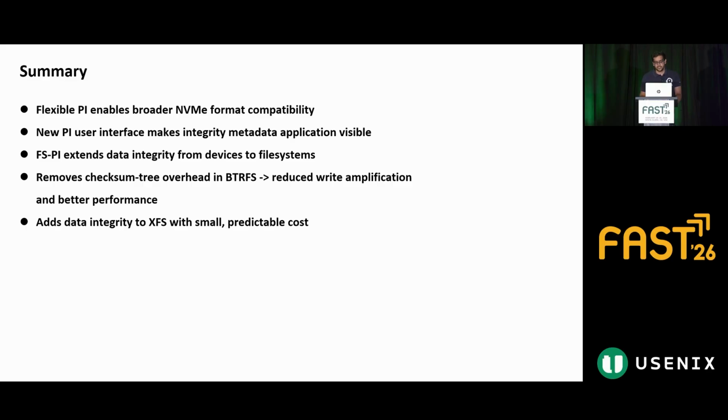And we do FSPI so that the data integrity gets extended from the devices to the file systems. For BTRFS, we are removing the checksum tree overhead, which results in reduced write amplification and improved performance. And we are able to add data checksumming support to a file system that lacked it previously, of course with a small and predictable cost.